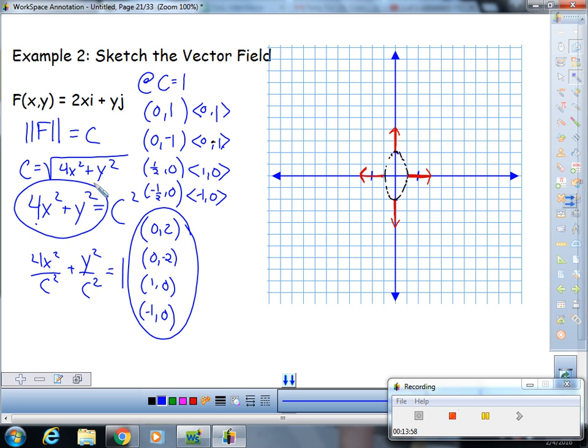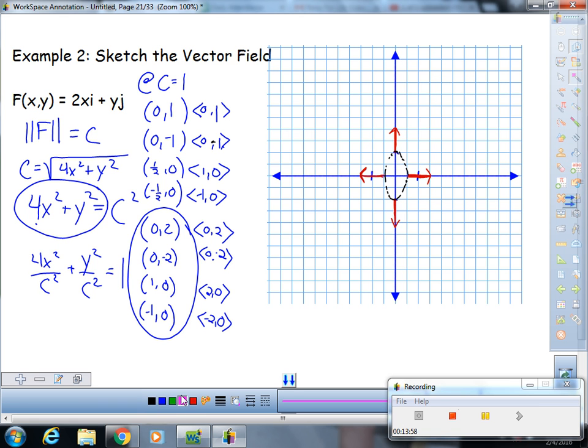And if we choose the right ones, we'll learn more. Okay, so what does that give you? It's got to be 2, 0. Negative 2.